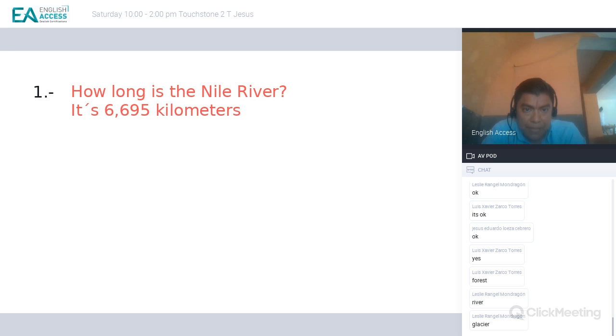Kilometers what? Look at the adjective that we're using. How are we describing the river? Long. That's right. How long is the Nile River? It's 6,695 kilometers long. Perfect. Now let's go for picture two.